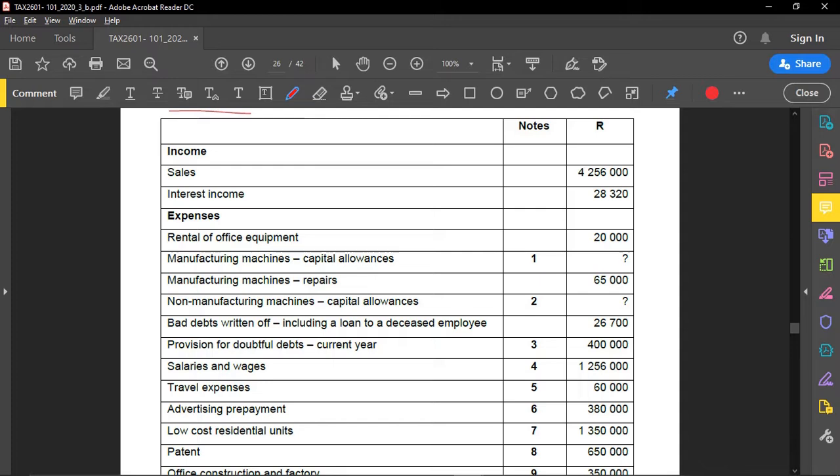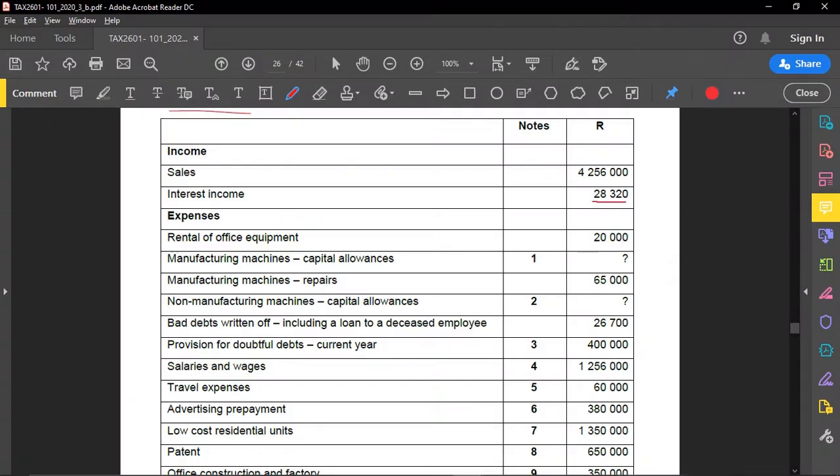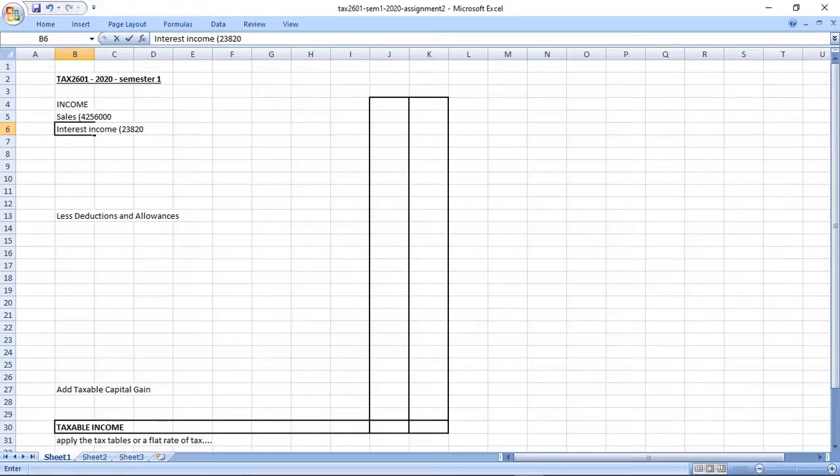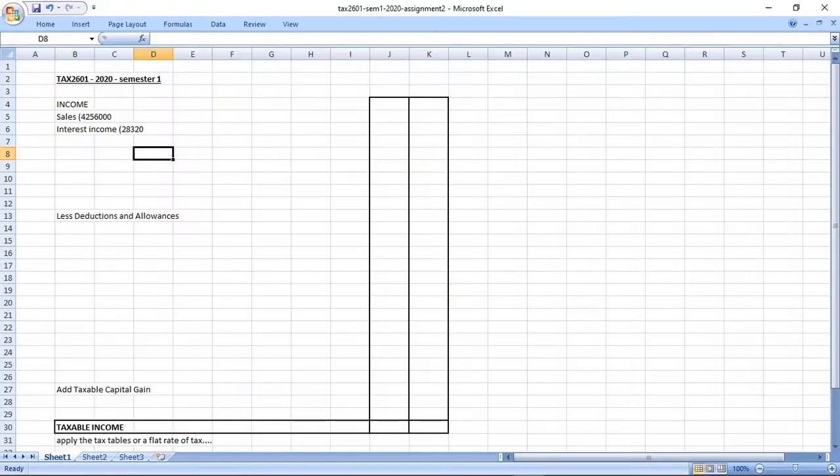All right, interest income, again, no note, so we're just going to include it as is, 28,320. Let's check that. 28,320.